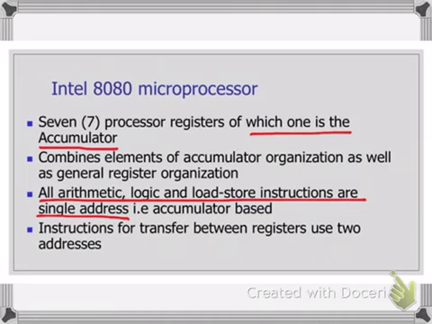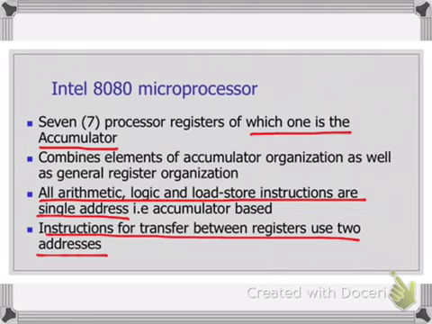However, instructions for transfer between registers will use 2 addresses. If you're moving from one register to another, say from the accumulator to another register, then you will have 2 addresses. Or if you are exchanging the contents of 2 registers, you will have 2 addresses.